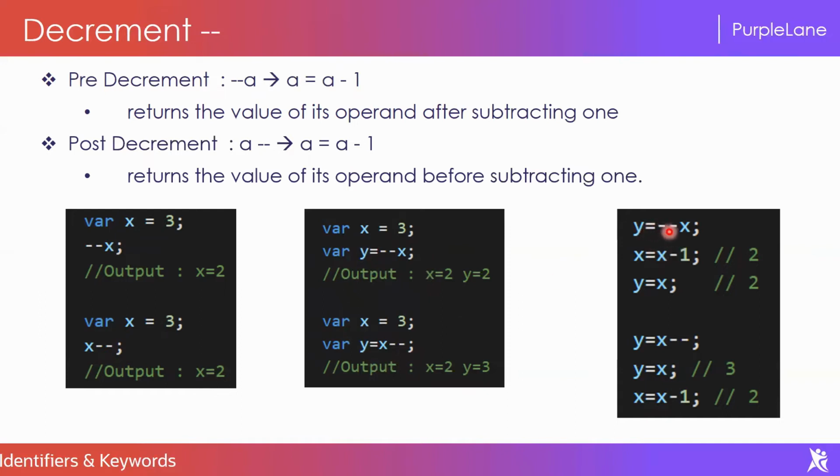See, y equal to minus minus x here means that since it is a pre-decrement, first it decreases the value. So x equal to x minus 1 and then assign that value. Similarly here, post. So first assign the value here and then decrement the value. Increment and decrement operators are very important, especially when you're solving problems.